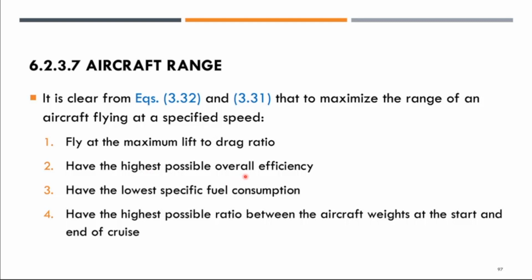The third is to have the lowest specific fuel consumption, and finally to have the highest possible ratio between the aircraft weight at the start and the end of cruise, M1 and M2.